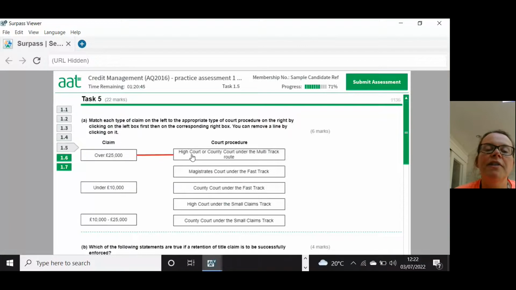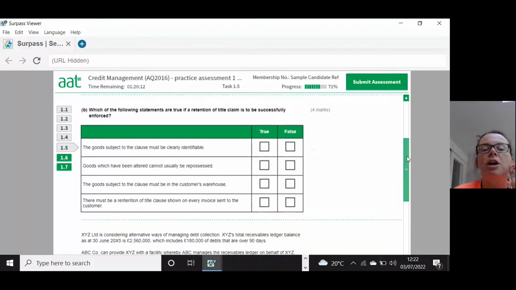So over 25,000, getting complex, it could go either of those routes. If it's under 10,000, we are on the small claims track. The small claims track is going to be in the lesser important court, the County Court. And then in between, that's the one that we talk about, the fast track. It's not magistrates because that's criminal law. So County Court under the fast track.